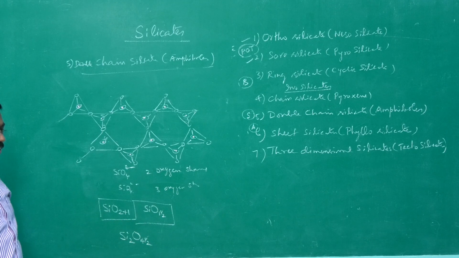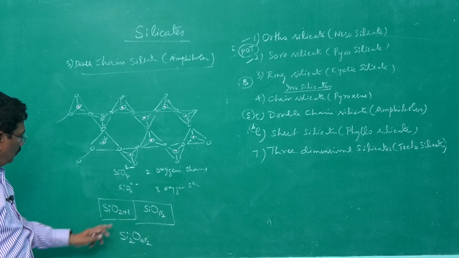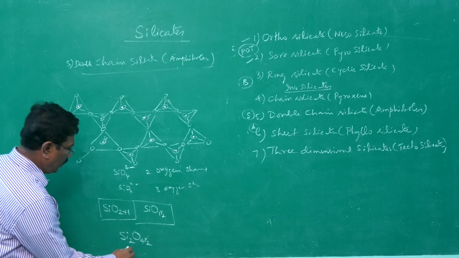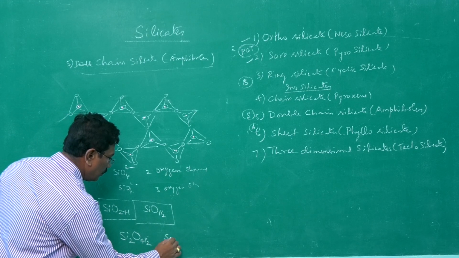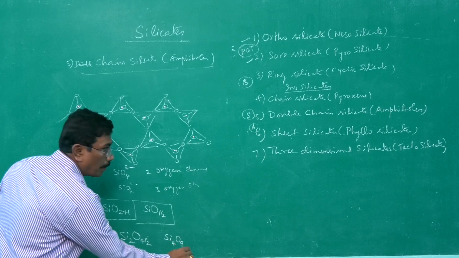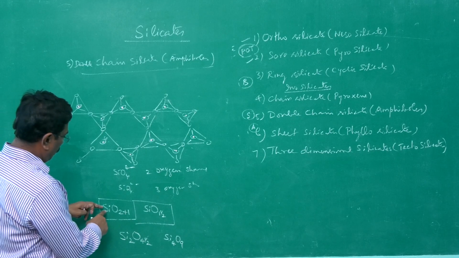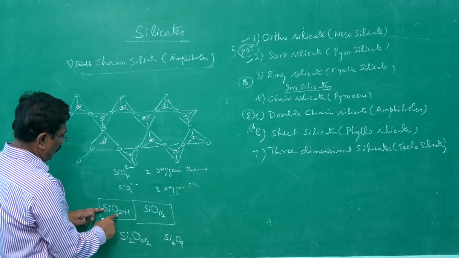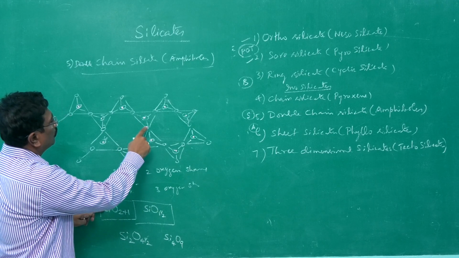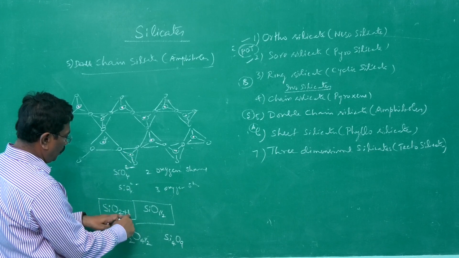But fractional number we cannot have. Si2 4.5, Si4 O9. See here, one silicon atom, exclusively for it 2, remaining 2, contribution 1, therefore 3.